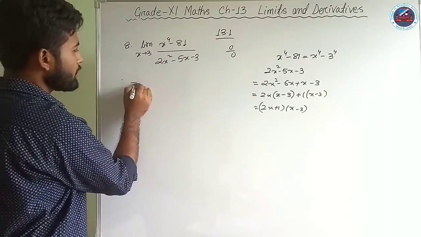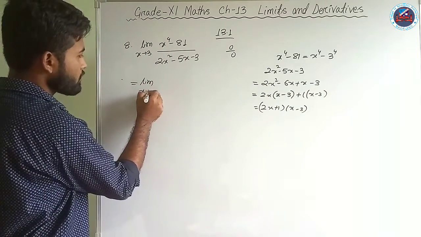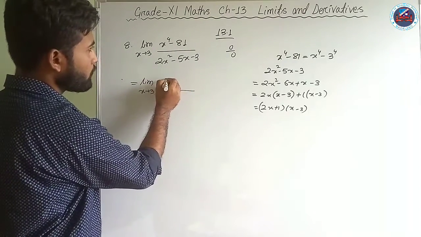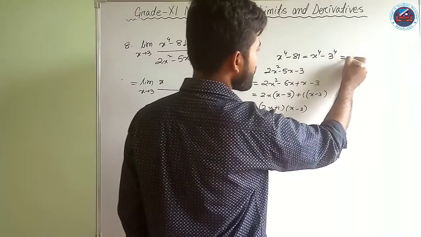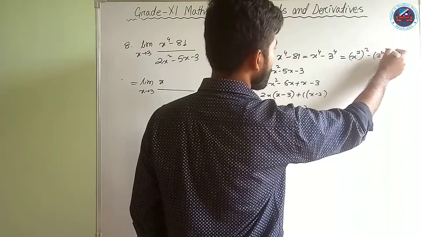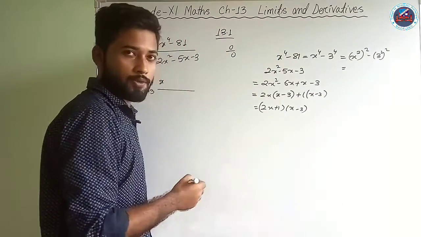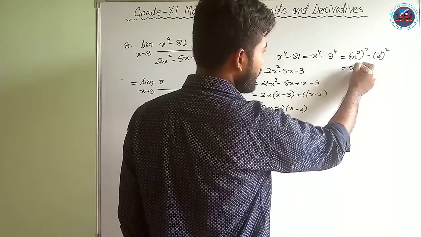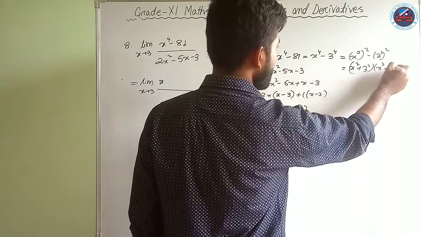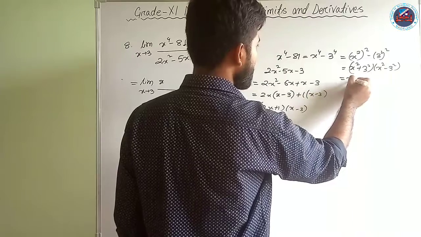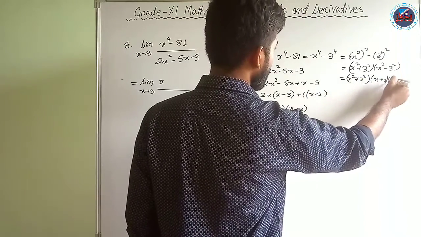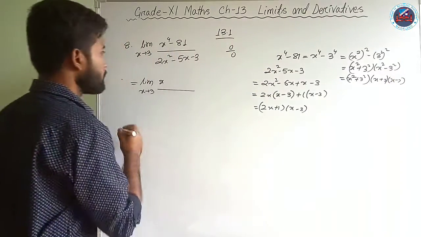So in place of this, I can write what? Limit x tends to 3, in place of x to the power 4, I can write x square of whole square minus 3 square whole square, and since it is in the form a square minus b square formula, I can write x square plus 3 square into x square minus 3 square, and this can be expanded again, that is x square minus 3 square can be written as x plus 3 into x minus 3.